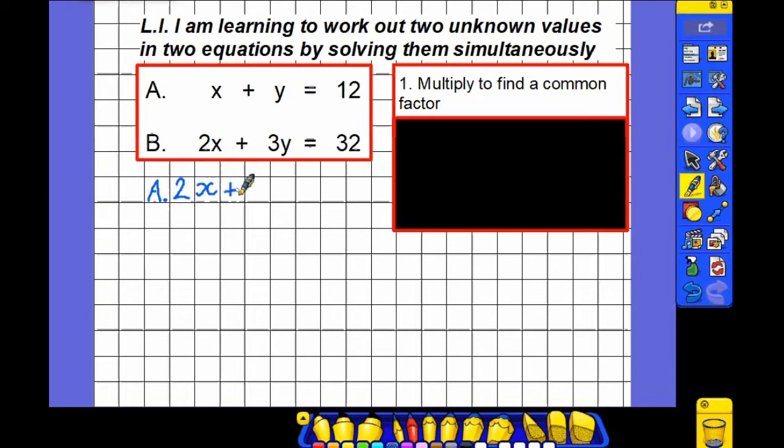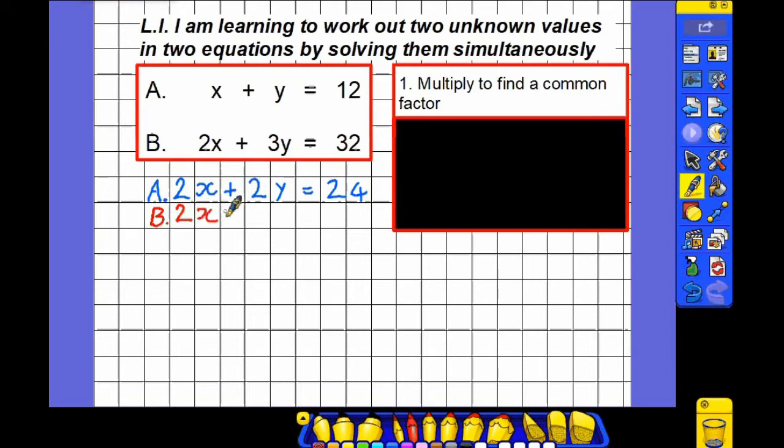So we've got 2x plus 2y, and that's going to equal 24. So equation A can now be written as 2x plus 2y equals 24. We can write equation B beside that, which is no different. We have that exactly the same.